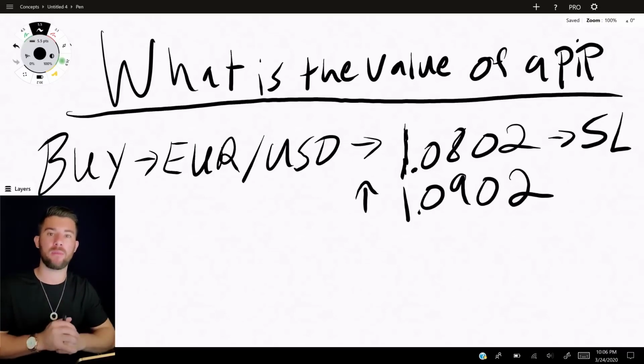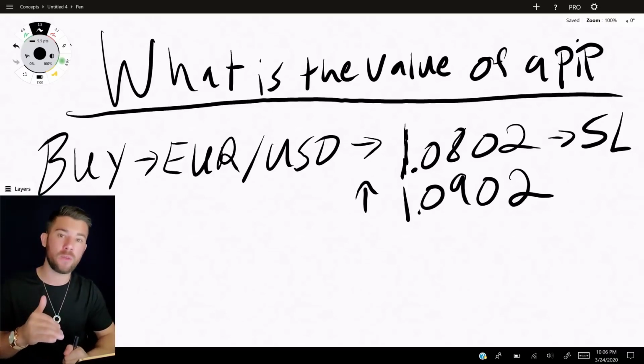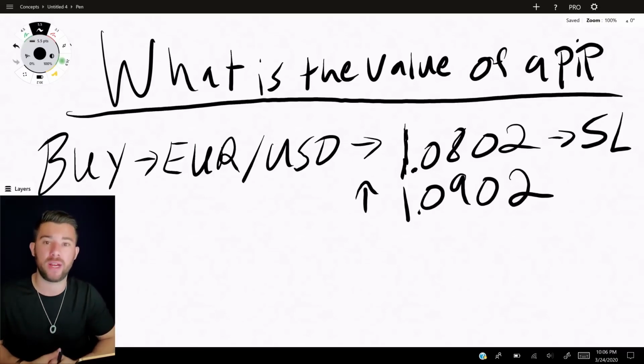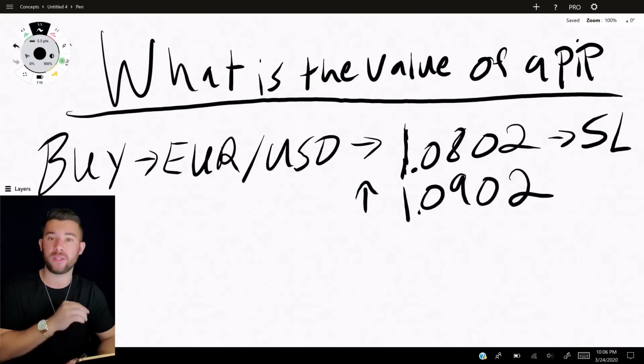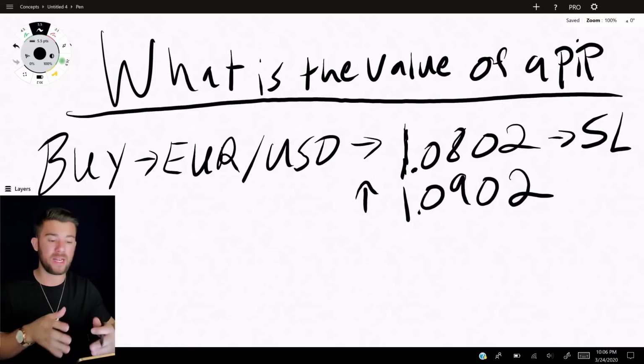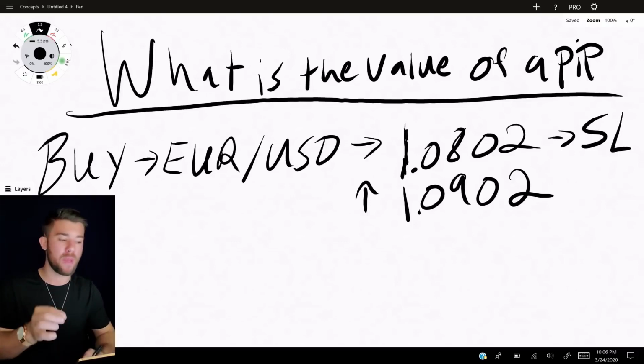How much money did we make? See if you can calculate how much money we made based on this trade. Remember, a standard lot is 100,000 units of currency, and on any pairs ending in USD, we're making and losing exactly $10. The value of a pip is exactly $10.